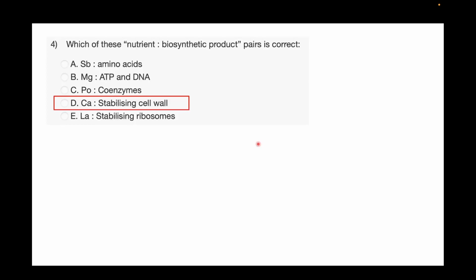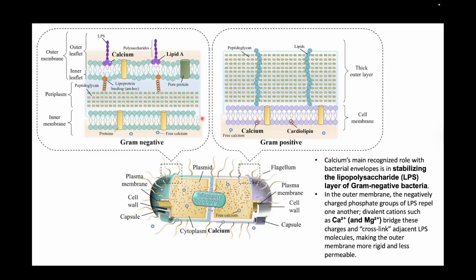Okay, let us understand the role of calcium in the bacterial or microbial cell wall. Calcium's main recognized role in bacterial envelopes is stabilizing the lipopolysaccharide layer of gram-negative bacteria. So here is a comparison between the cell walls of gram-negative and gram-positive bacteria.